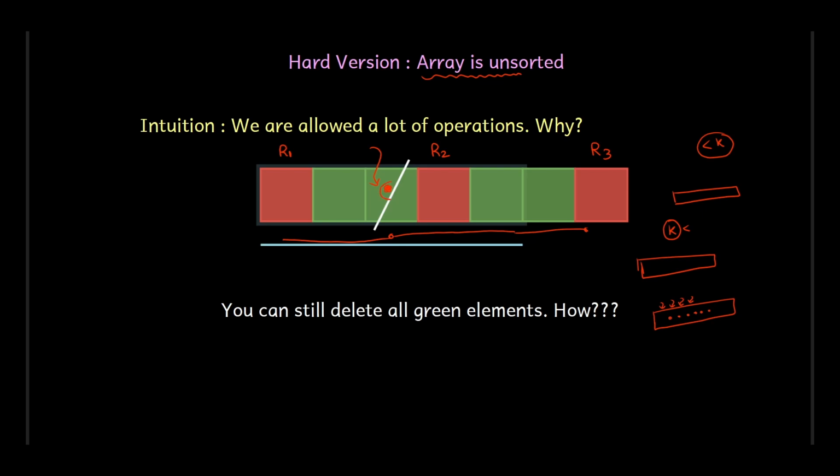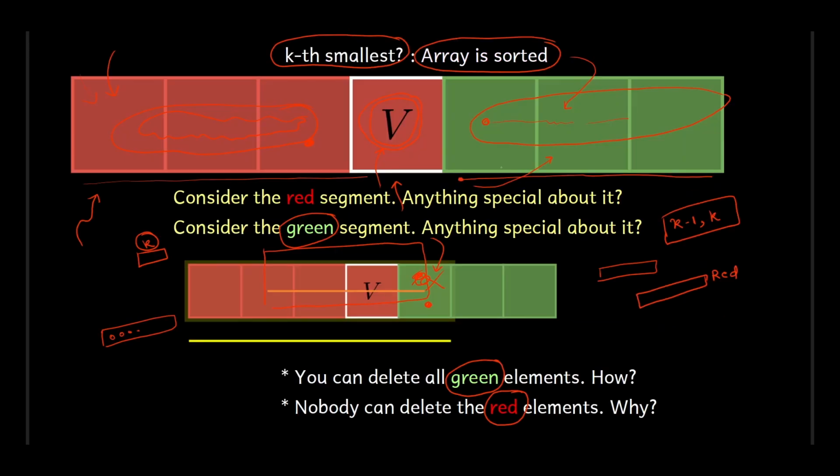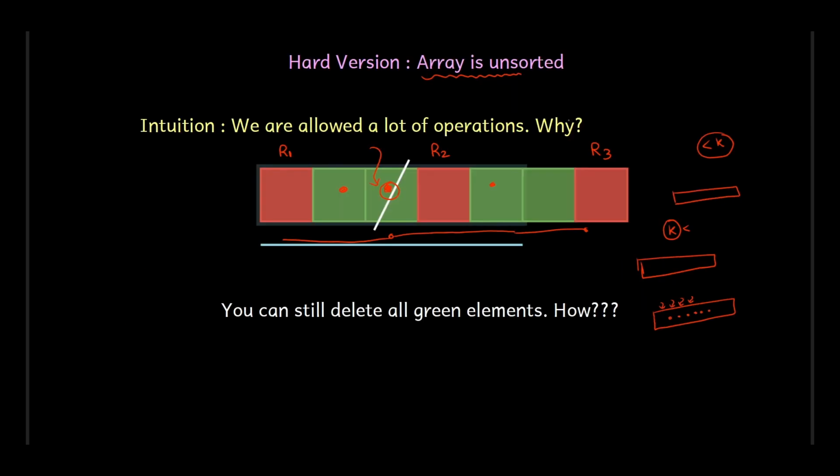Even if this element is not the kth smallest element, this element might be, or this element might be. But one thing you can be sure, that no matter what window you select, all the green elements will always be deleted first before the red elements.